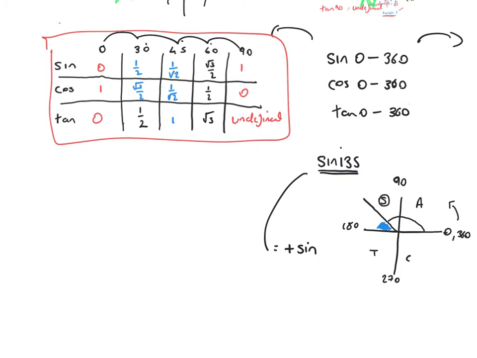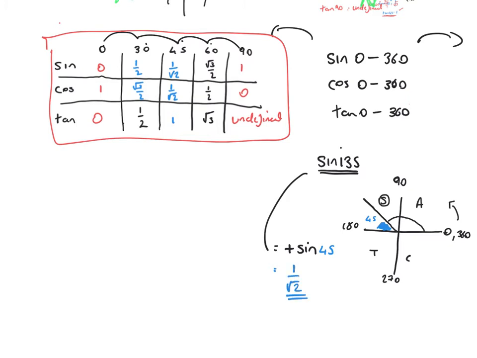Now the acute angle in there, well, if that is a turn of 135 degrees, the acute angle there to take you to 180 must be 45 degrees. Okay, and then plus sine 45, go up to our diagram, and there you can see it. Sine 45 is equal to 1 over root 2. And that is how you solve that one.